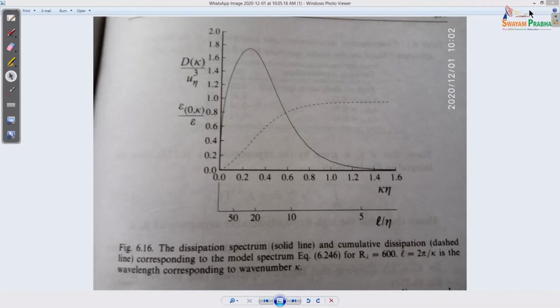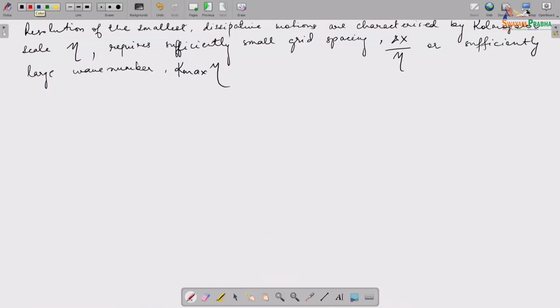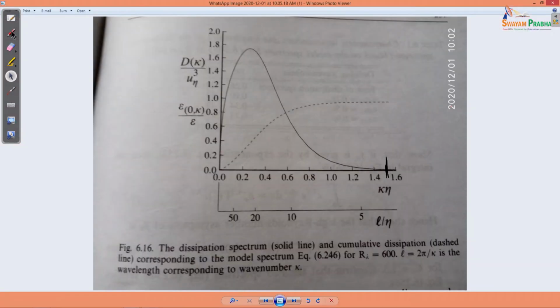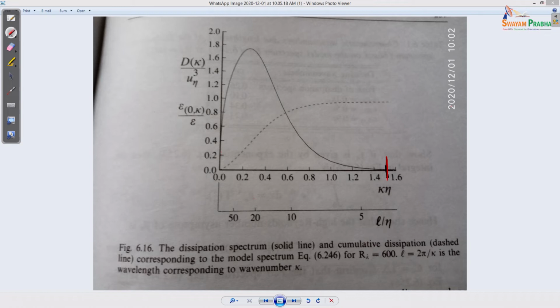If I go back to this one, if you see k eta, this is basically the wave number space. So if you see beyond 1.5 here, the dissipation seems to be negligible.